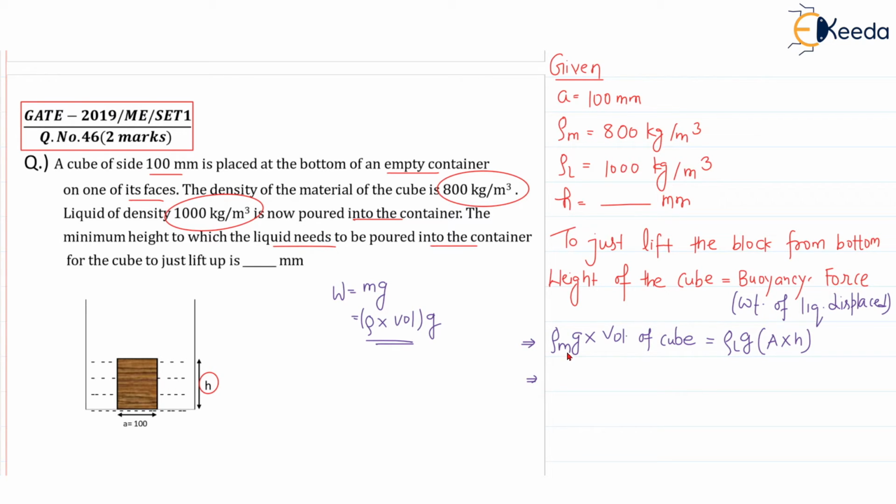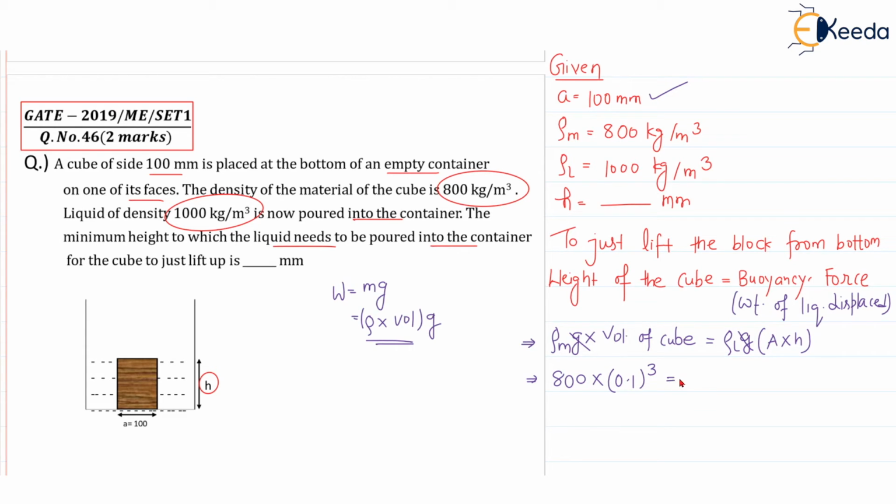Density of the material is given in the question as 800, correct? And g we can definitely cancel on both sides. G is common, so we cancel it, into volume of the cube. So what is the side? The side is 100 mm. Please convert into meter. So it is 0.1 cube.